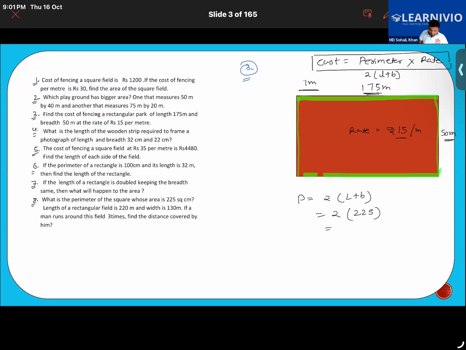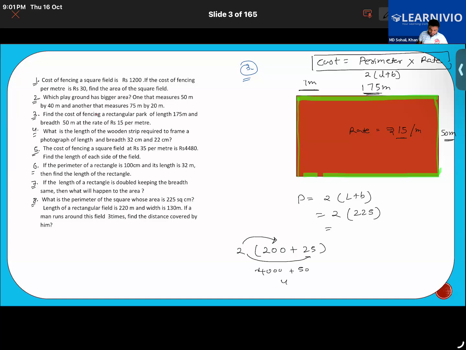So 225 multiplied by 2 is how much? Think of 225 in terms of its parts. Try to visualize it in your mind: you multiply 2 with 200, that is 400, and 2 multiplied with 25, that is 50.